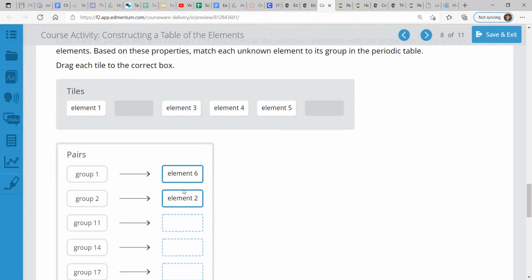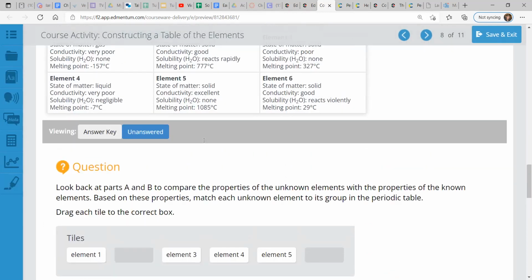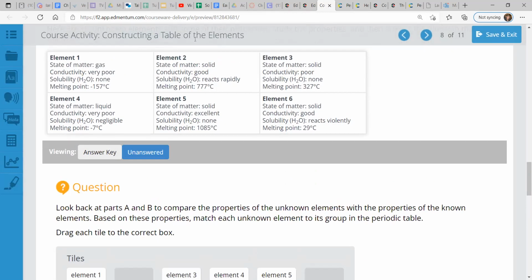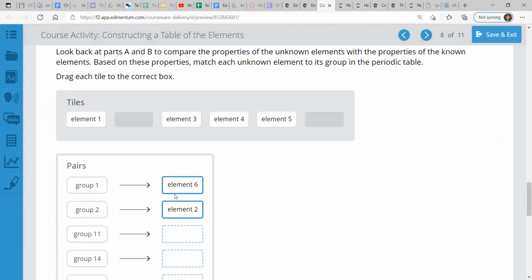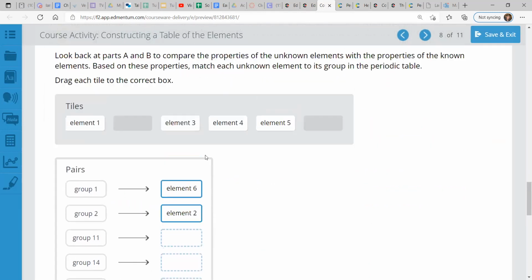Group 1, I believe, will show a stronger reaction than group 2. So element 6 reacts violently. Element 2 reacts rapidly. That will make the most sense.